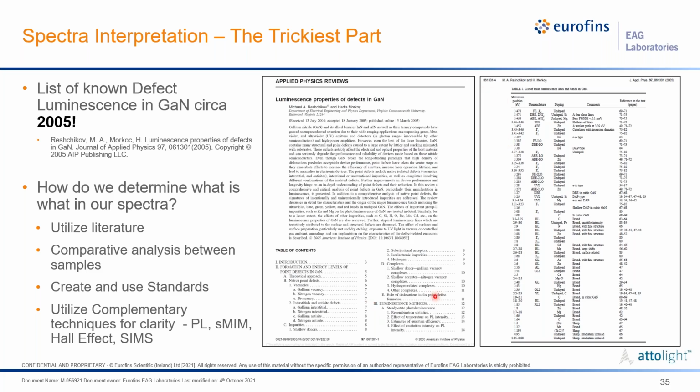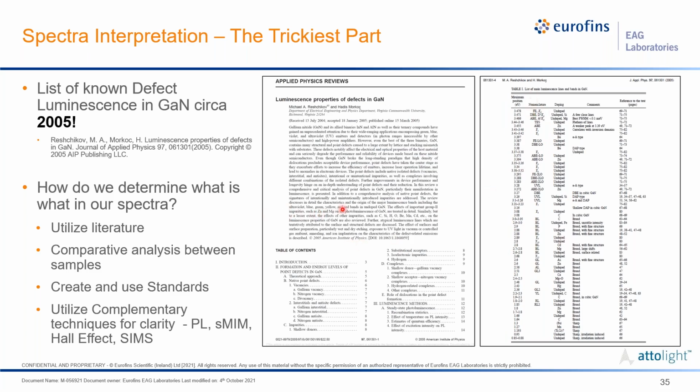This is a pretty well known paper from 2005 that lists a lot of the luminescence properties of different defects in GaN, as they were known at the time. There was a lot of CL and PL comprised within this. This list is obviously non-exhaustive, and this is from 2005, but there are already very, very many different attributed CL emissions from a variety of different known defects.